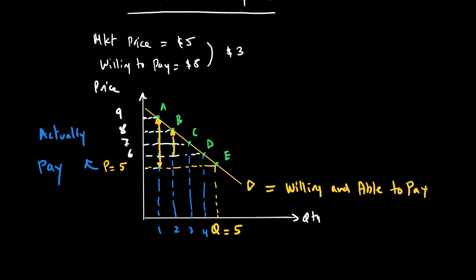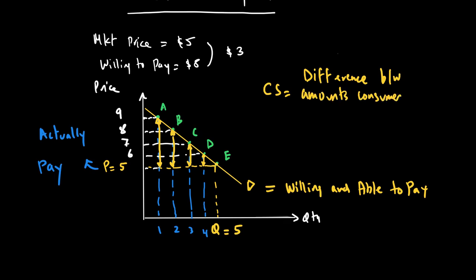For the second unit, I'm pocketing this much, so the gap is shrinking, but for each unit I am pocketing consumer surplus. So consumer surplus is the difference between the amount consumers are willing to pay minus the amount they actually pay.